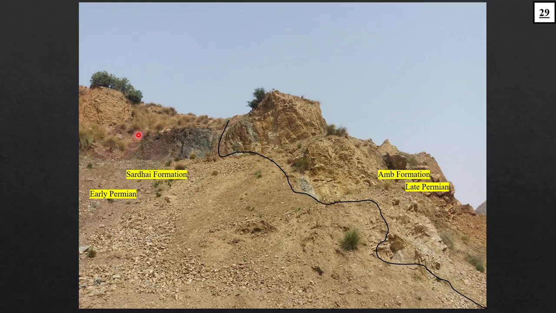This is the Sardhai Formation of lavender clay, which is deposited in the western Salt Range, in conformable contact with the early Permian.